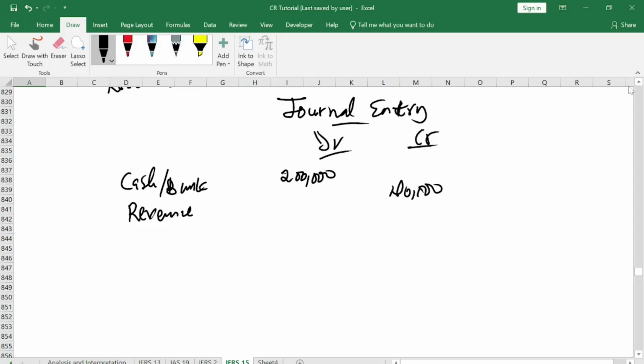The balance left, because it is in advance, the money doesn't belong to him yet, and based on the contract he's not supposed to refund it immediately. So the balance is called a contract liability in his books, which is 160,000. So that is the journal entry he will draft.